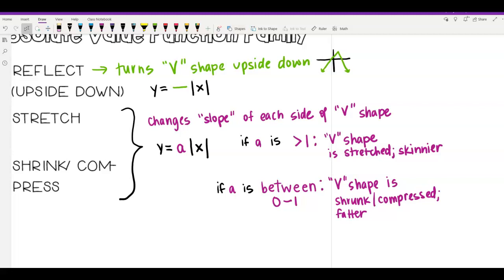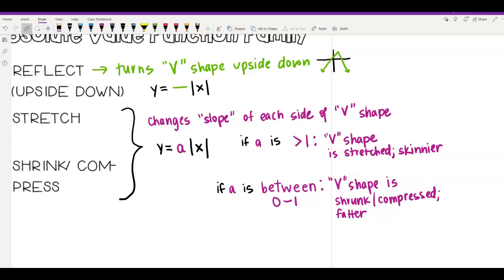So we're going to add an a value, and remember, this does not include that negative sign because the negative sign does something else. If the number by itself is greater than 1, then our V shape is going to be stretched out and it's going to be much skinnier, and you're going to count up higher and to the right or left less.